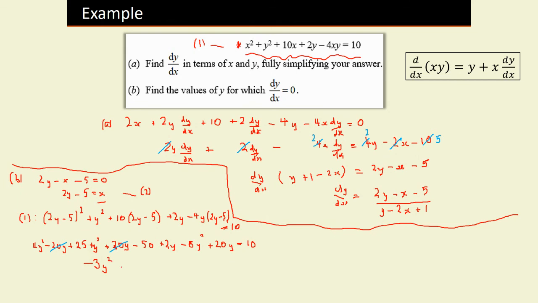Okay, let's have a look at the y terms. We're just doing them in order. We've got a plus 2 and a plus 20 there. Let's have a look at our numeric term. We've got a 25, that'll take it down to minus 25.